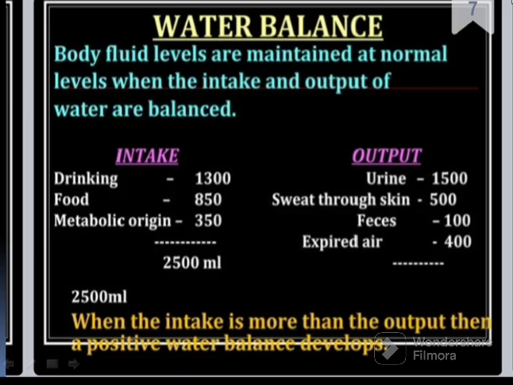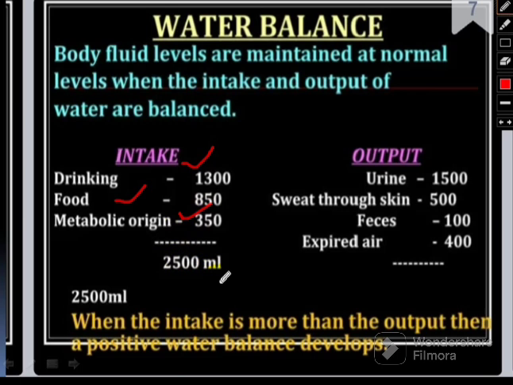Number one is by drinking water. Water can also enter your body through the food you eat. Another is metabolic origins. So about 2,500 ml of water can get into your body daily.